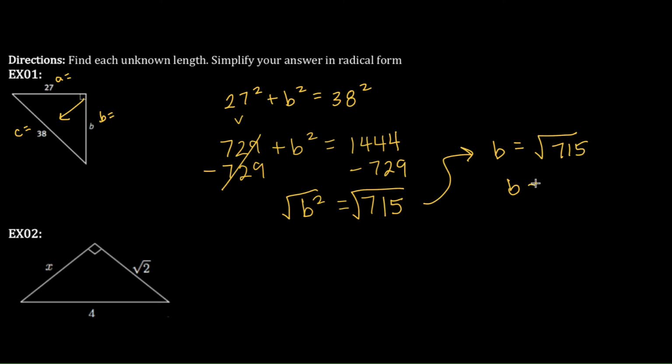So b is approximately, let's see what we can do here. Square root of 715 is 26.74. Not too bad.